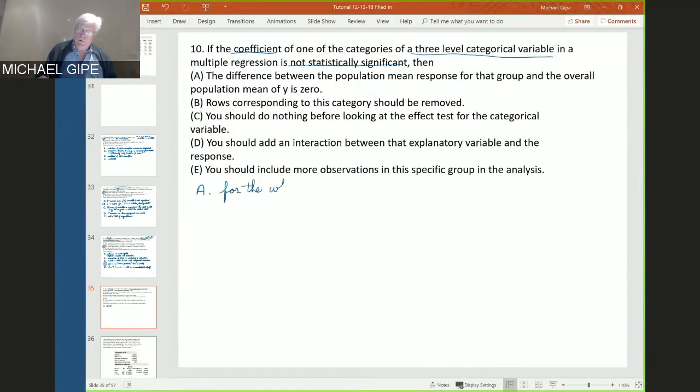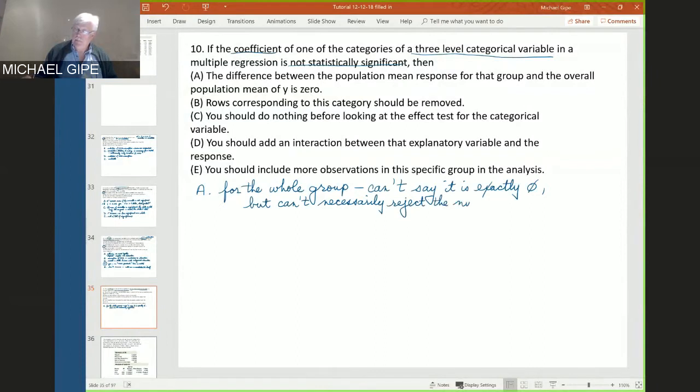For the whole group, we can't say it's exactly 0. But we can't necessarily reject the null.